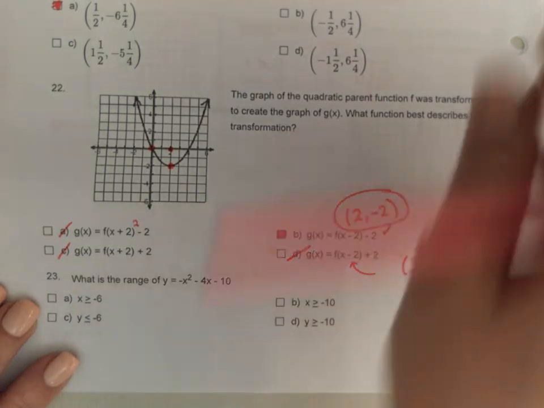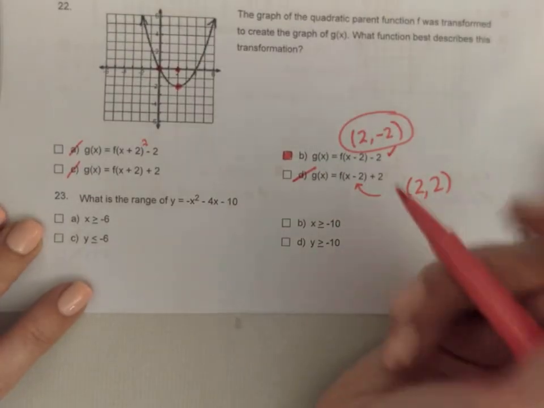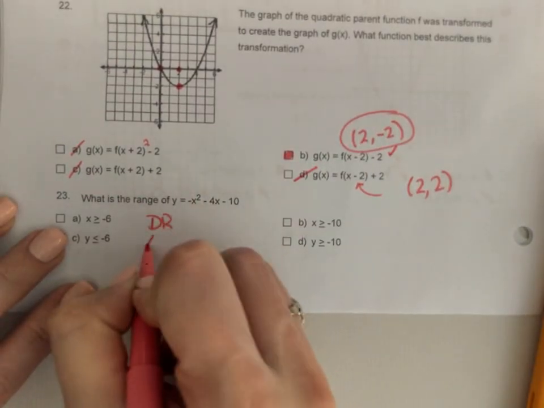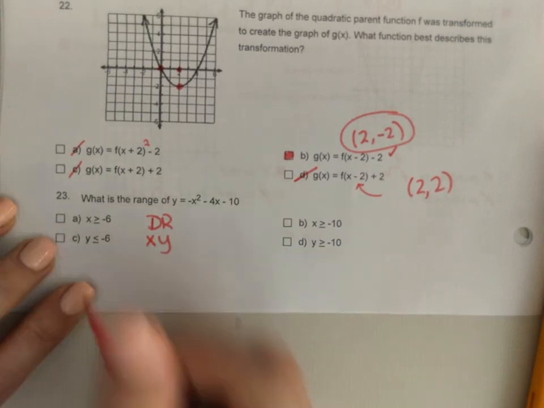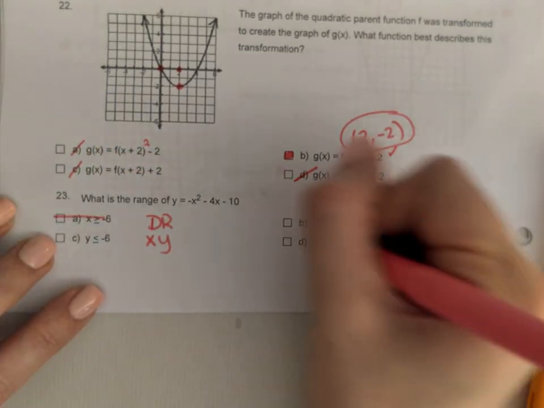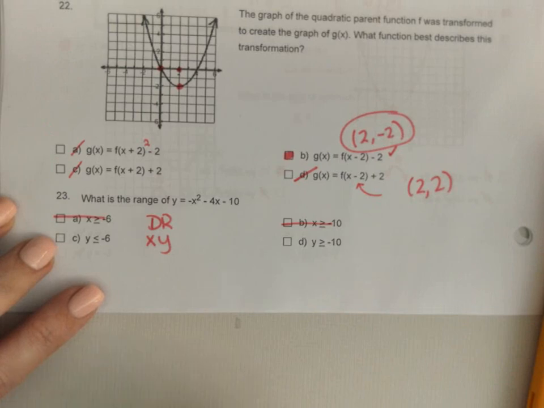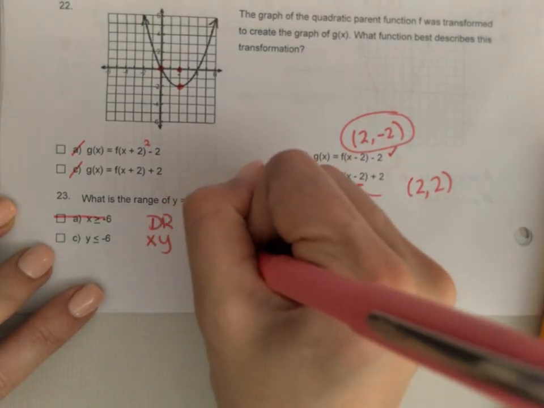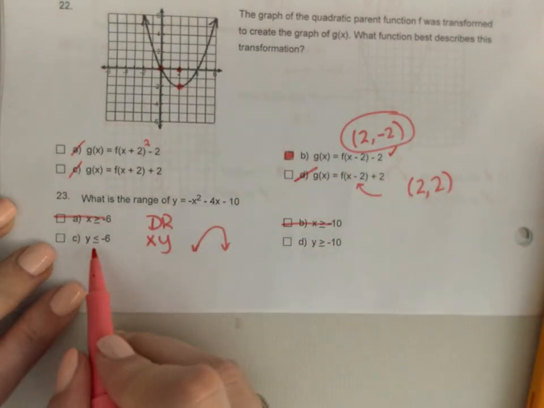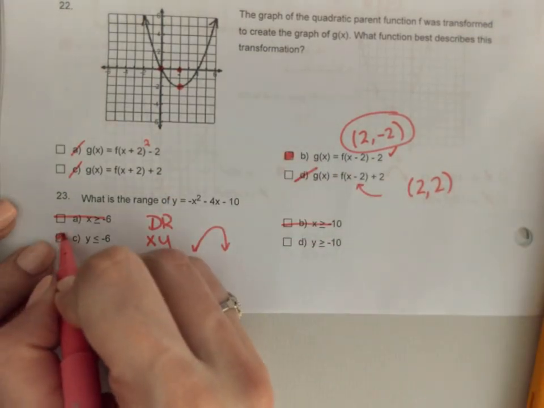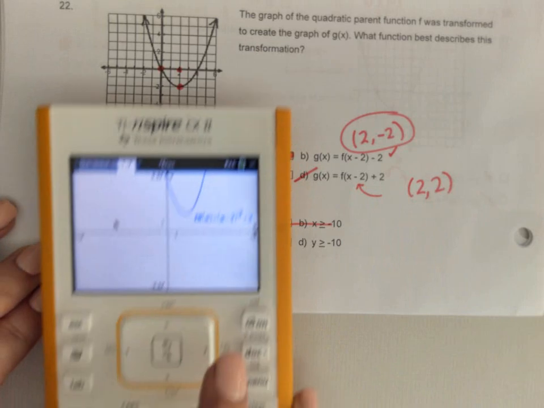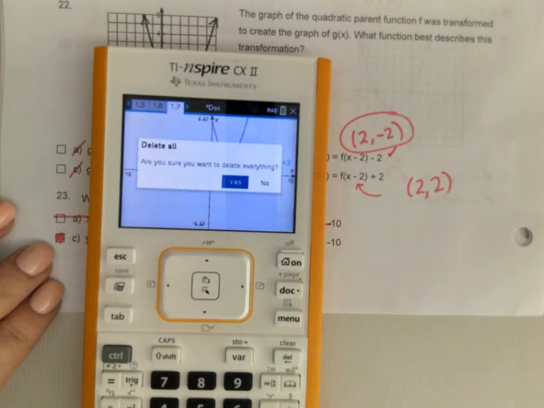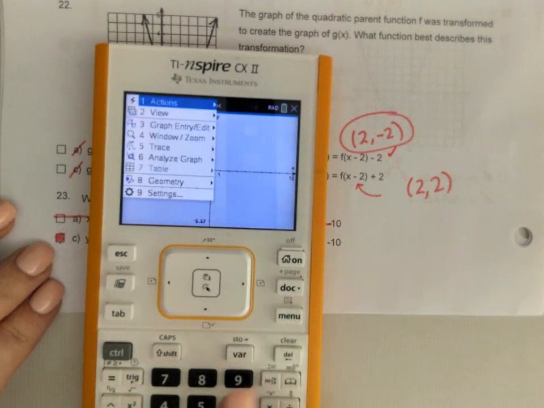What is the range of the function? Okay, so Dr. XY, range means Y, so it can't be A and it can't be B. And then I know that because of that negative out front, it's going to be a frowny face, so it has to be less than or equal to. So I know that this is my answer. But it gave me a function, so even if I know the answer, I'm going to check on my calculator.